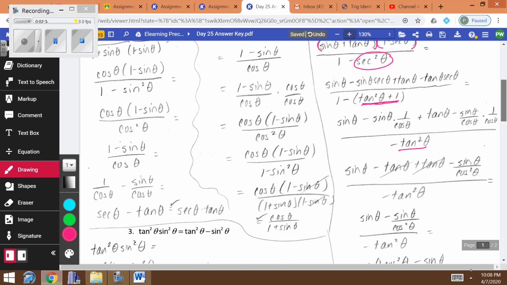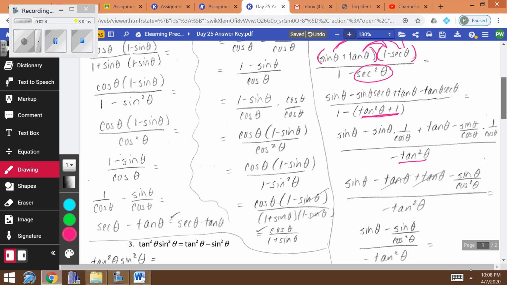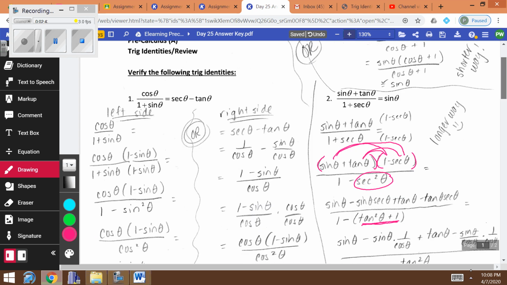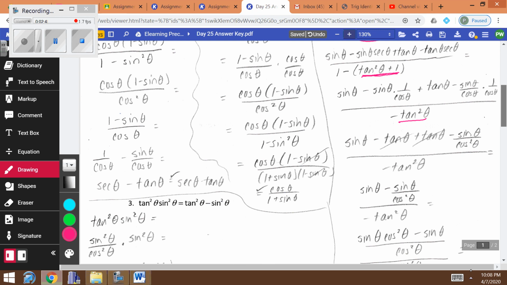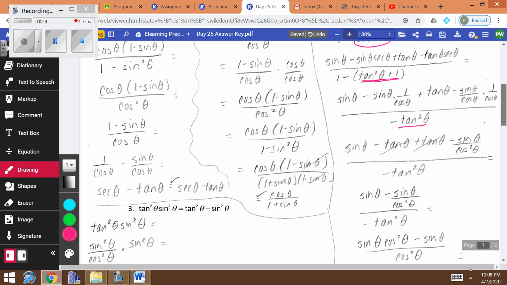So again, this way's a little bit messy here. We've got a negative tangent squared in the denominator. In my numerator, I'm like, okay, well, really eventually I want to get to just the sine. So is there anything else I can get rid of here? When I looked at this, I changed the secant to 1 over the cosine right there. And then on this part, I changed this tangent and this secant to sine over cosine and 1 over cosine.